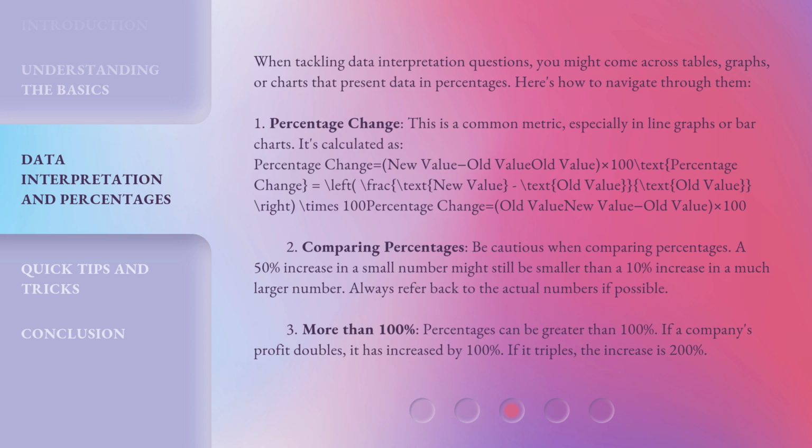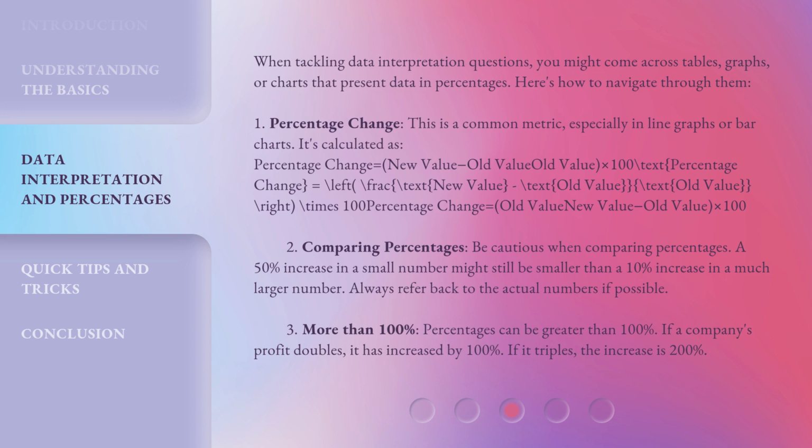It's calculated as: percentage change equals ((new value minus old value) / old value) times 100.